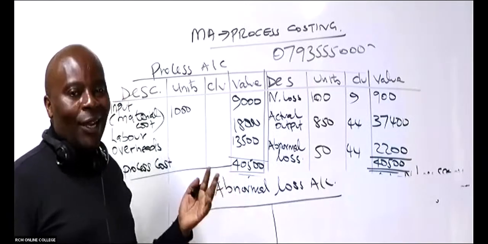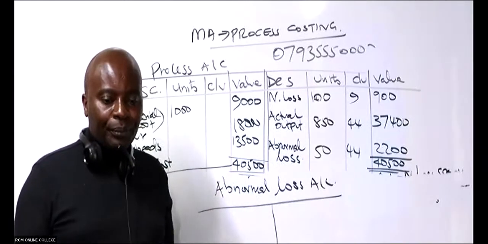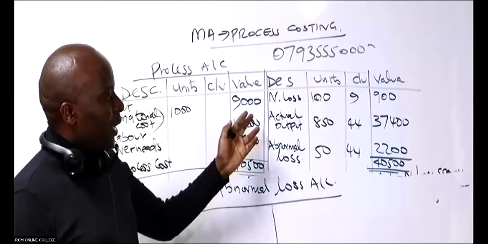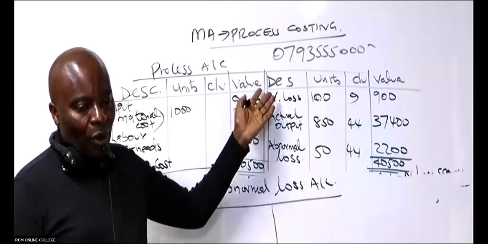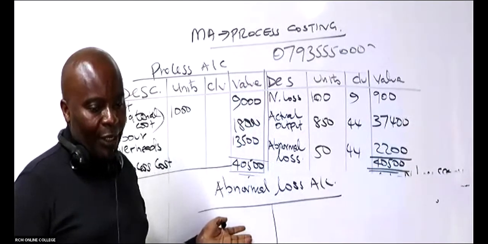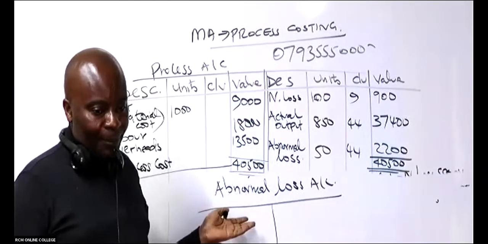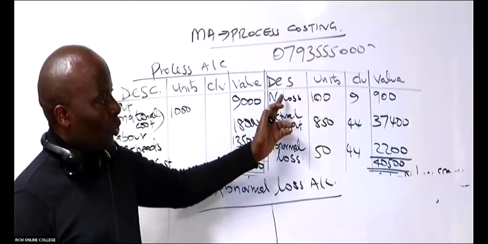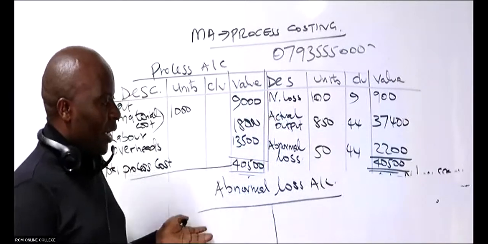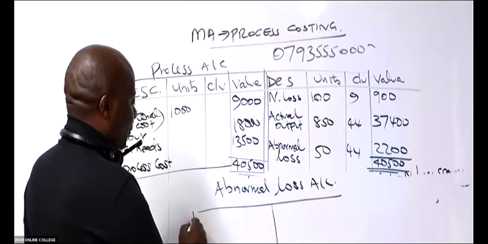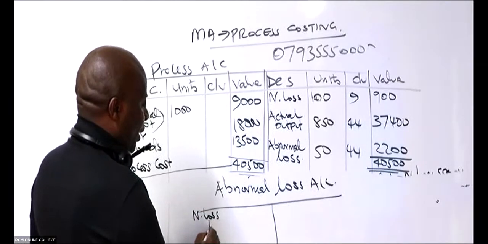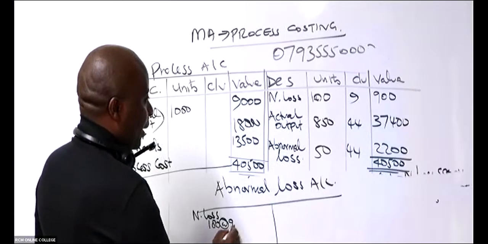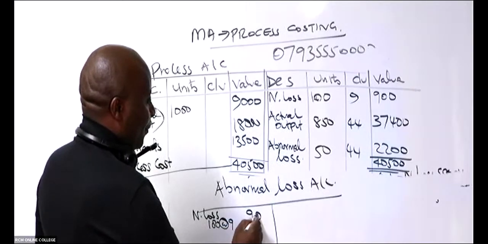It's basically a losses account. You bring the normal loss here. The normal loss was credited, so it will be debited here. So we have here normal loss, 100 at 9, giving us 900.